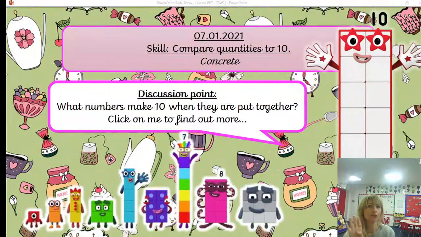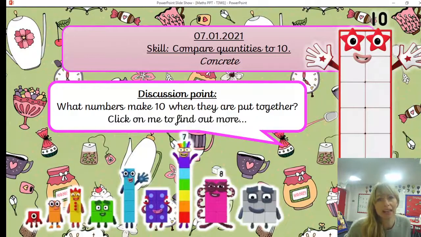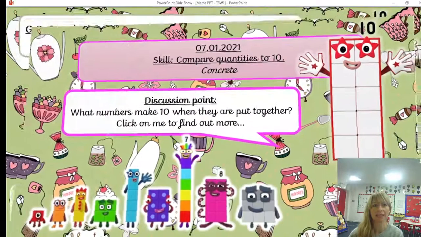Maybe you could do 4 and 6. Let's start by watching the number blocks to help us out. Fantastic, hopefully that's given you lots of ideas of different ways to make 10. So let's investigate further.